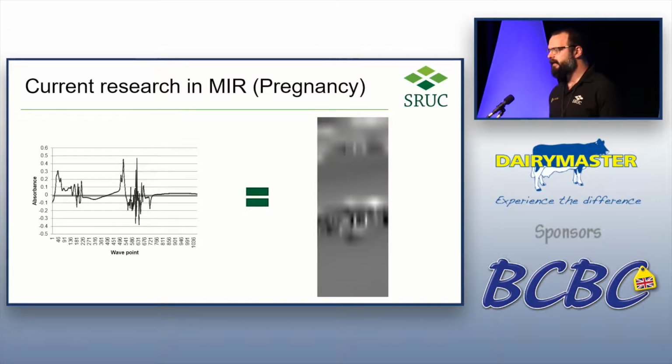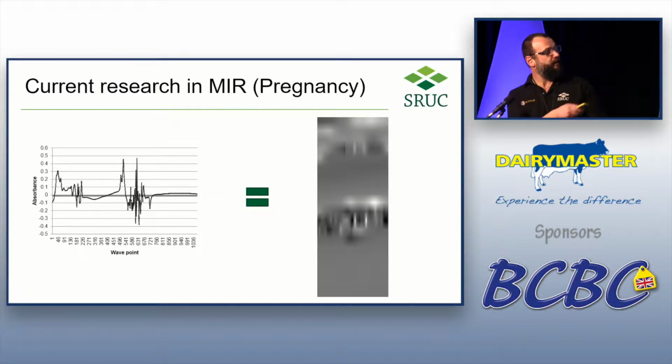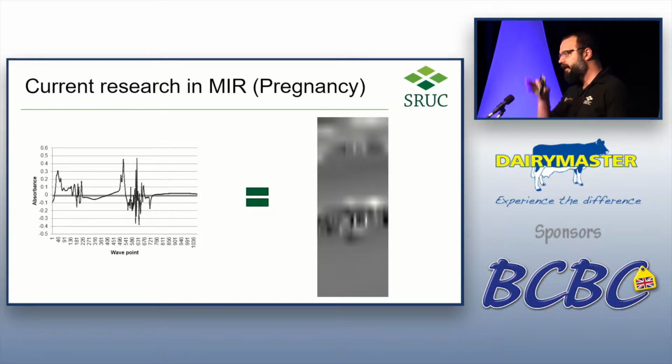And just by cascading the data slightly, we ended up with these grayscale images that really don't look like something, but already you can see there are some features in there. There's like a bright starry shape in the middle, and those straight lines beneath it. So there are already some features in there, and we wanted to know, can the model extract those features, and are they unique to a cow that's pregnant or non-pregnant?